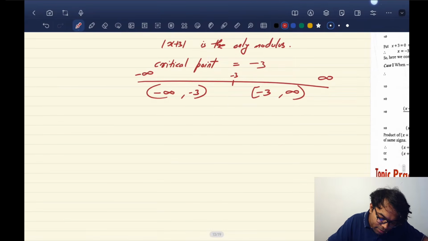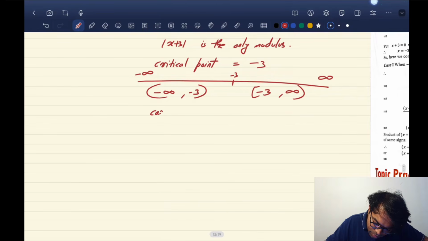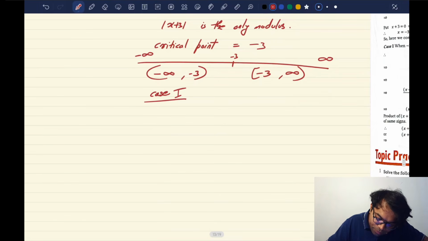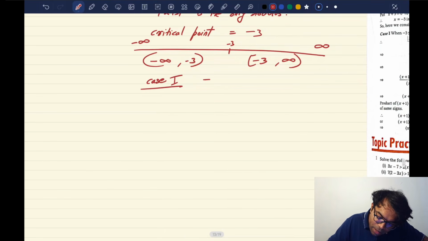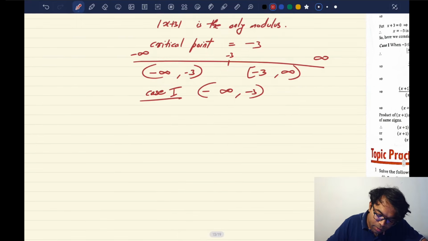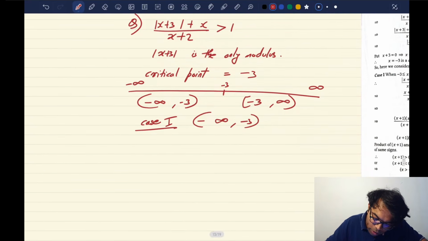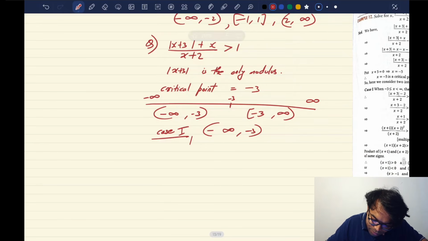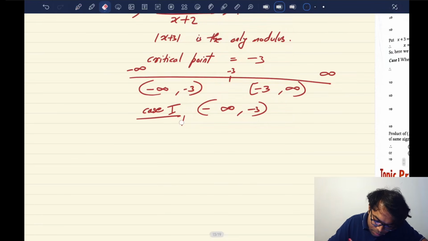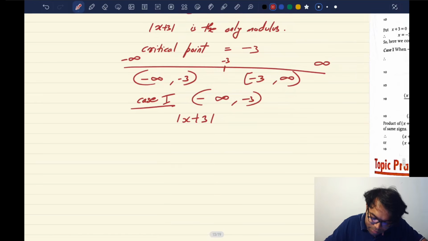Okay, so case 1. What happens in minus infinity to minus 3? In this interval, modulus of x plus 3 becomes what?